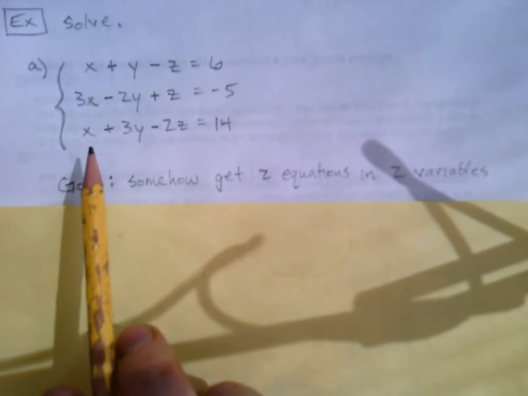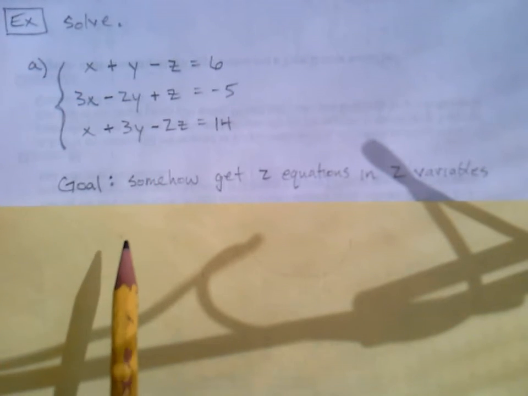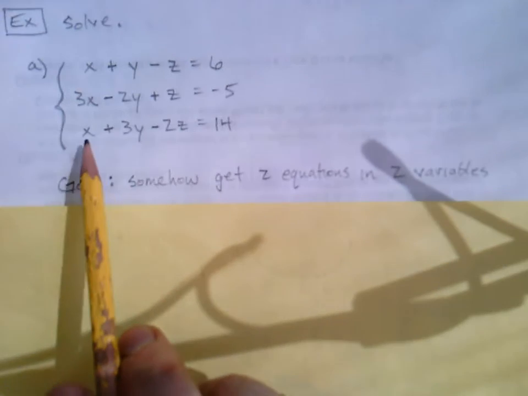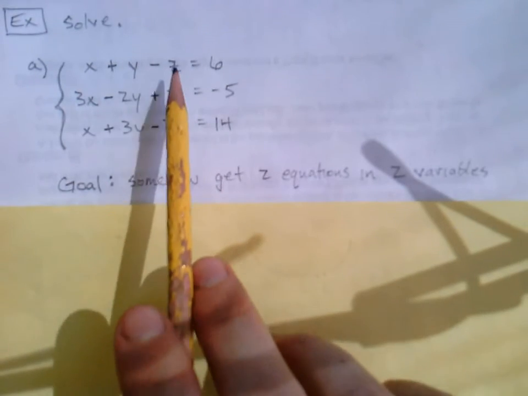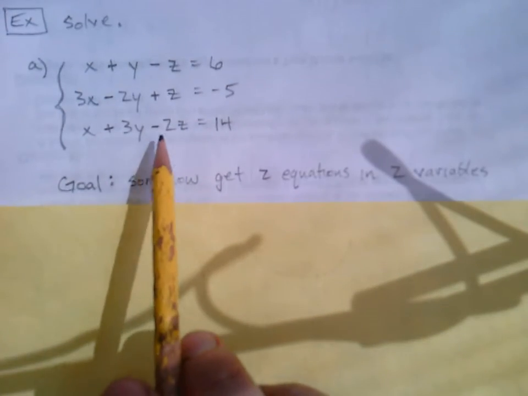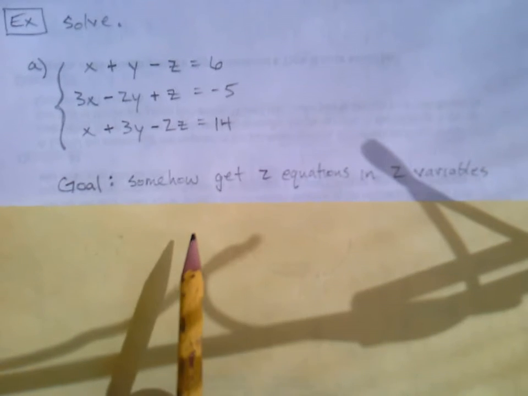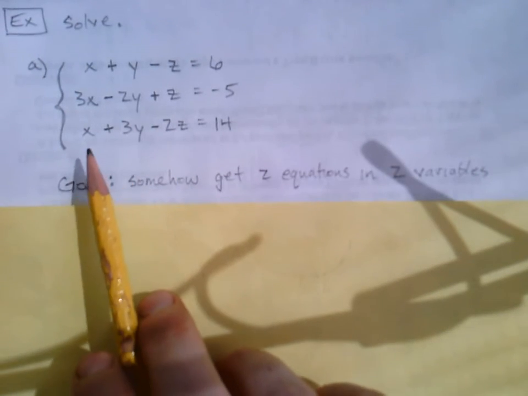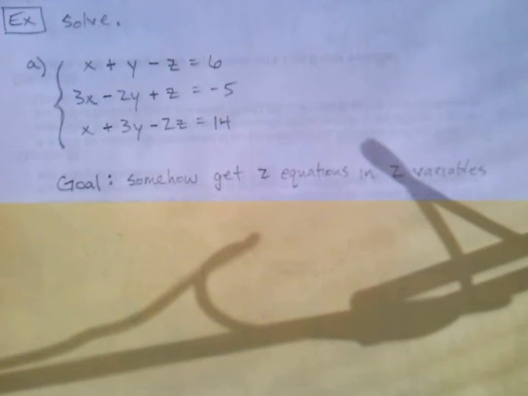So what you see here, this is the first problem, so we have nothing to compare it to, but in every equation, we have an x, a y, and a z, right? In the first, second, and third, there's an x, a y, and a z. That doesn't always happen. Here it does. When every equation has an x, a y, and a z, then, well, there's no shortcuts, I guess is the way to put it. Here's what we're going to do.